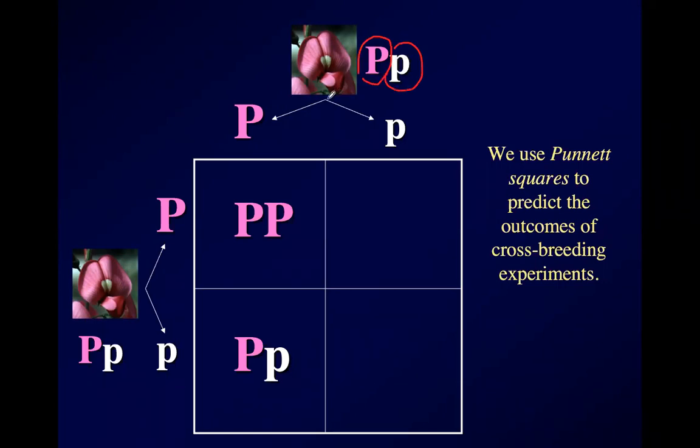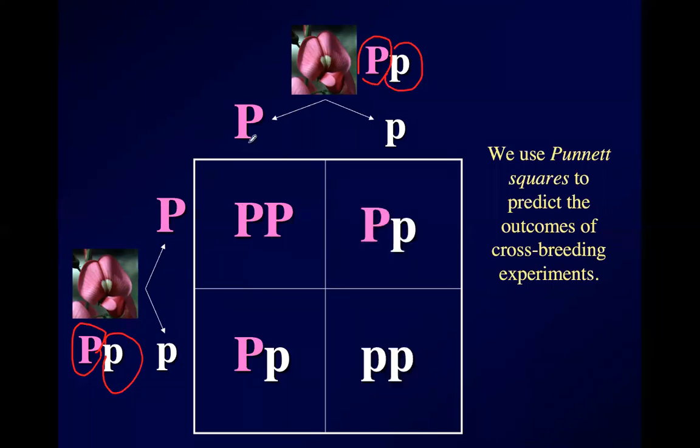So this one will contribute to its offspring either a dominant or a recessive allele. This one will pass on either this big P or this little p, never both. And then to fill in the Punnett square, you put the letters at the top and on the left and fill them in, moving them from the top down and from the left to the right.